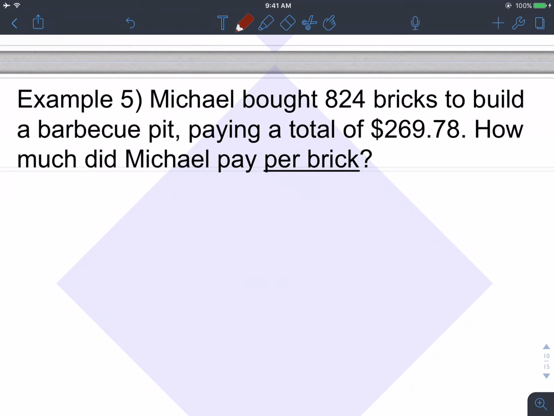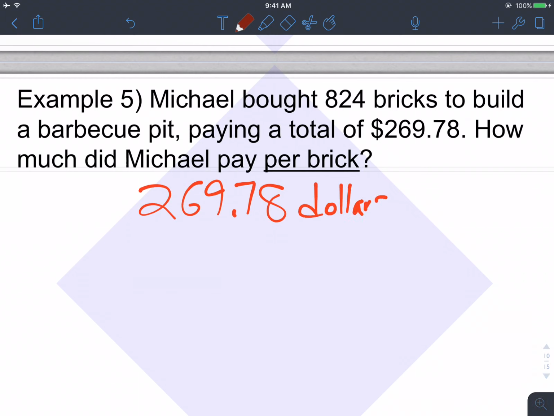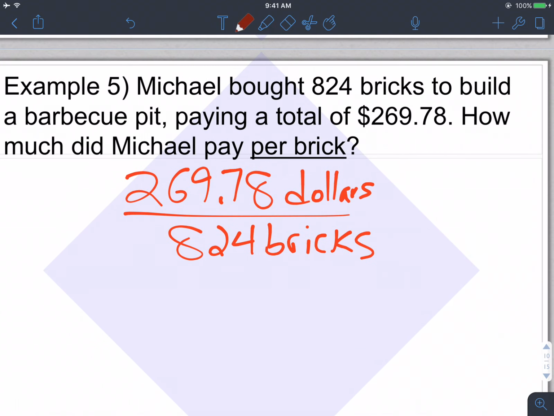Yes. And what tells me that is to divide is the per brick part. So per is like a fraction kind of. Bonus question, what are you dividing? 269.78 divided by 824. Awesome job.